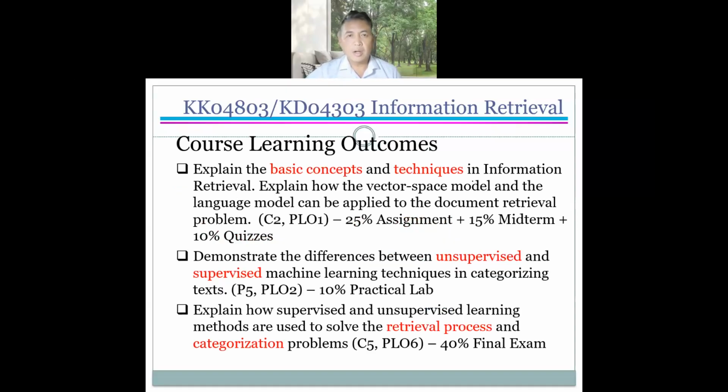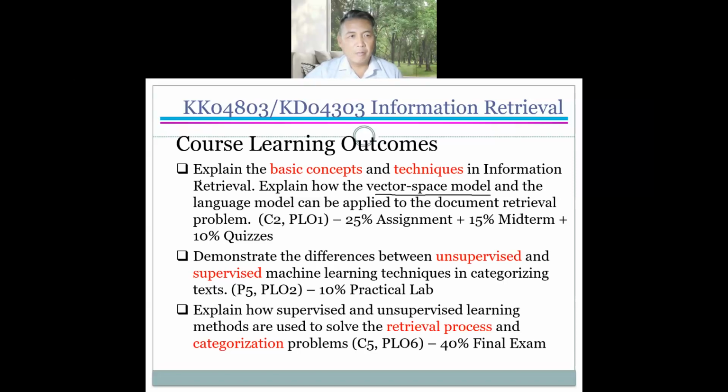And for the course learning outcome, you will learn the basic concepts and techniques. This is where you use the vector space model. This is a method or a model that we use in order to represent a document, and by using this model, we can compute the ranking of the documents.